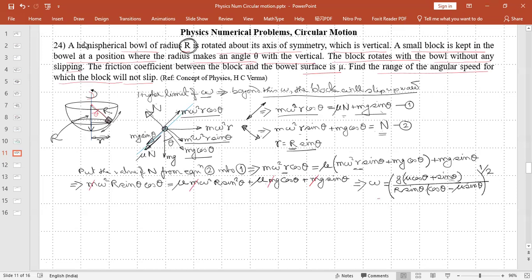So this is the upper limit of angular velocity.